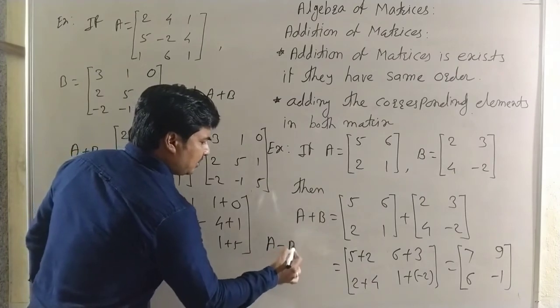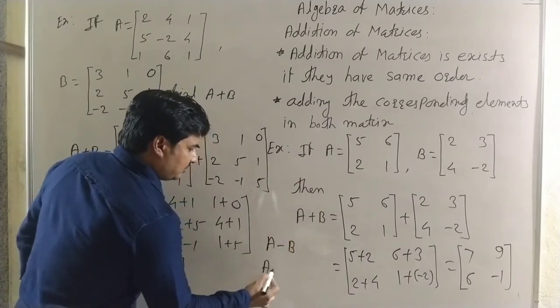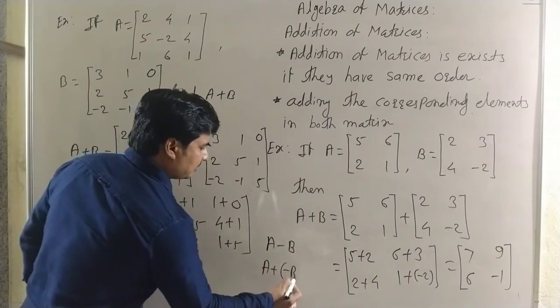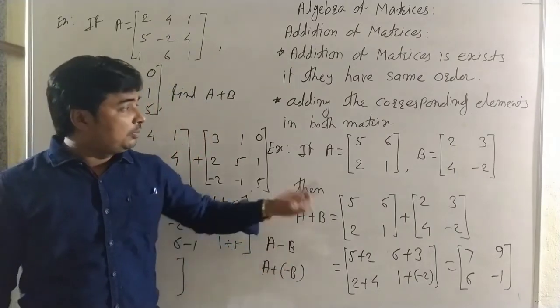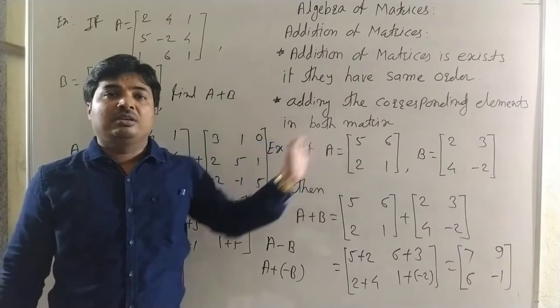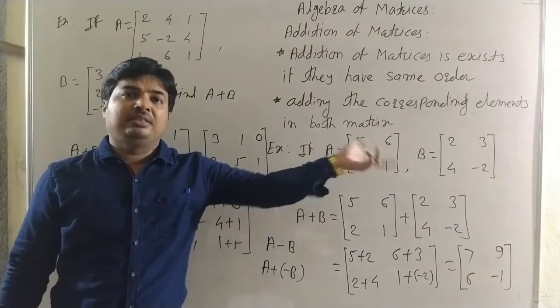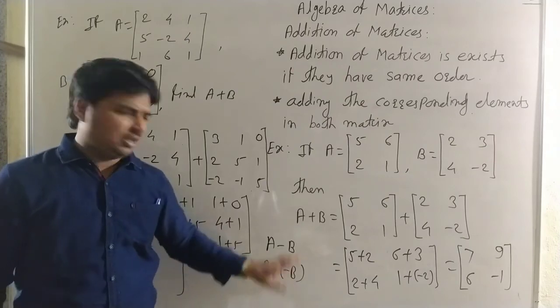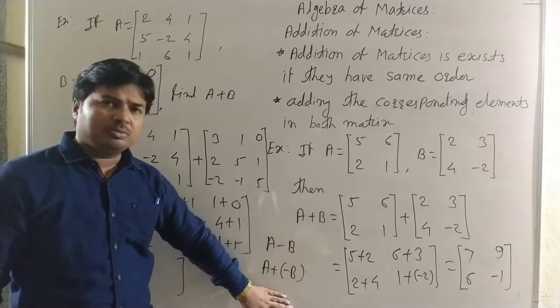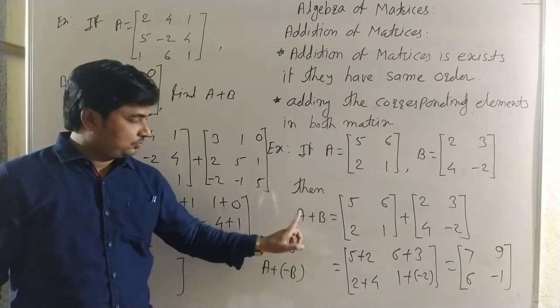It is A minus B. This is also an addition, A plus minus B. When we find A minus B, we multiply the matrix B by minus and then add it to A, that is A plus minus B. But this step is not necessary. We can directly subtract A minus B.